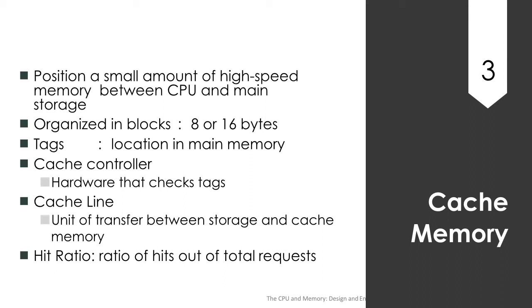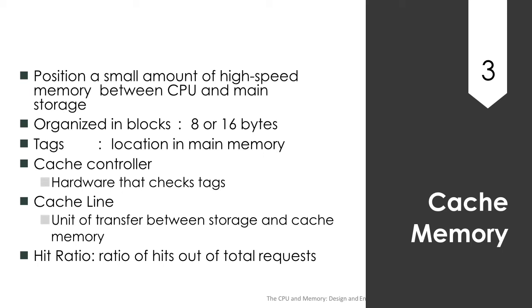The function of cache memory is to reduce the average time to access data from the main memory or RAM. The cache controller is hardware that copies code or data from main memory to cache memory automatically.